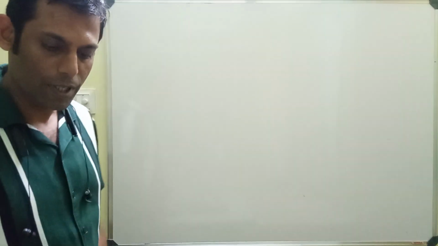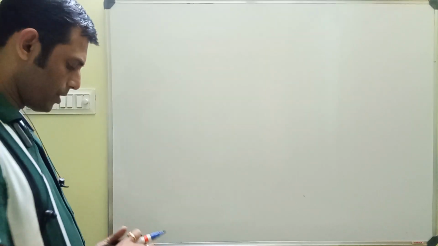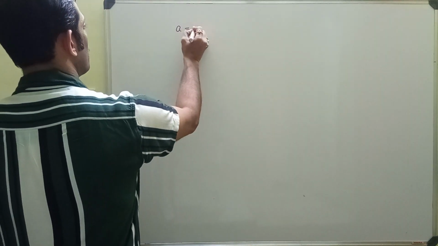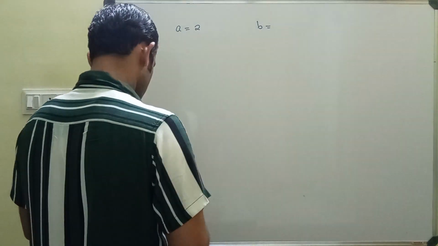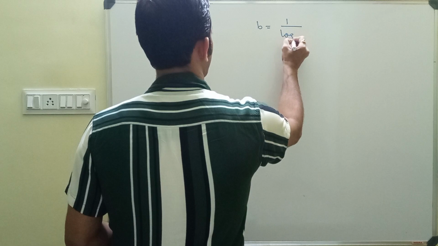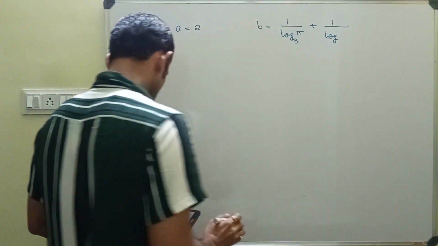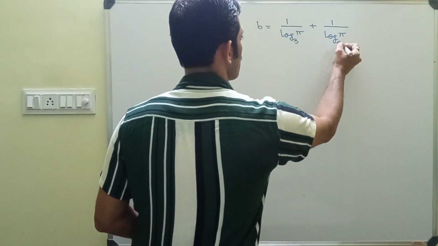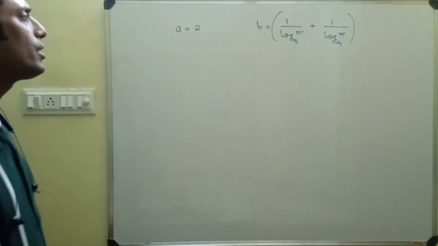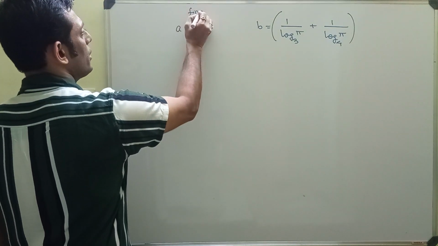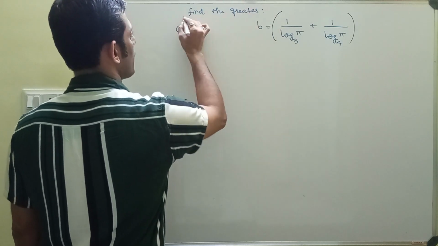Say, for example, I am given A is equal to 2 and B is equal to 1 by log pi base 3 plus 1 by log pi base 4. And I'm asked a question as to which one is greater or smaller. Find the greater. That is the question.